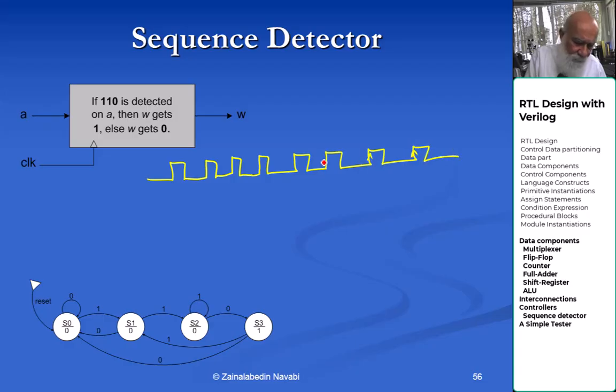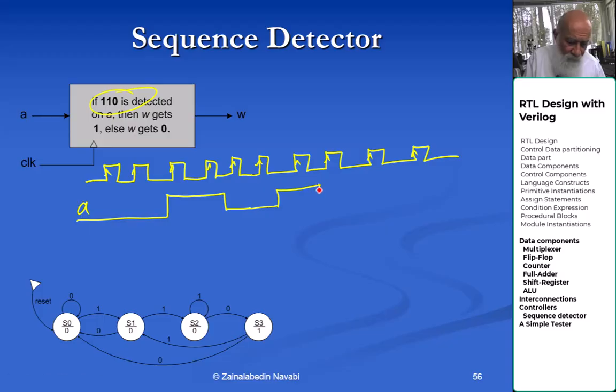If in 3 consecutive clock pulses I find 110 on my input, the output becomes 1 and remains 1 for a complete clock cycle. A 1, a 1, a 0, and a 1, a 1, a 1, and a 0, a 1, and a 0.